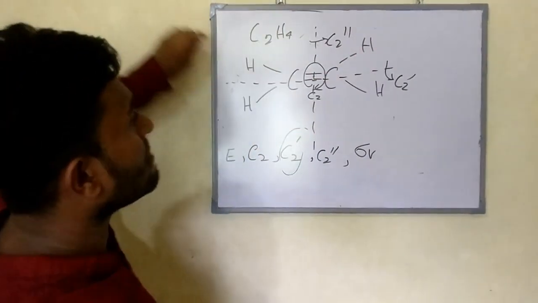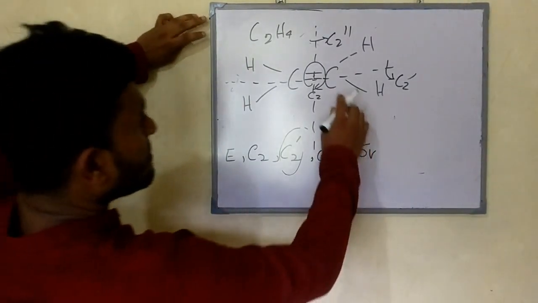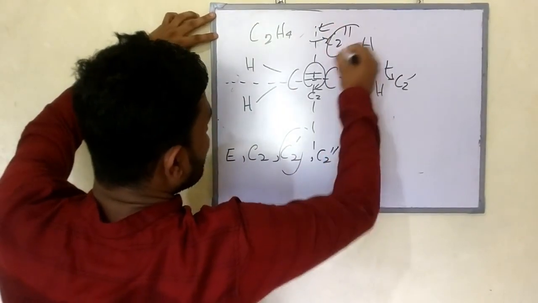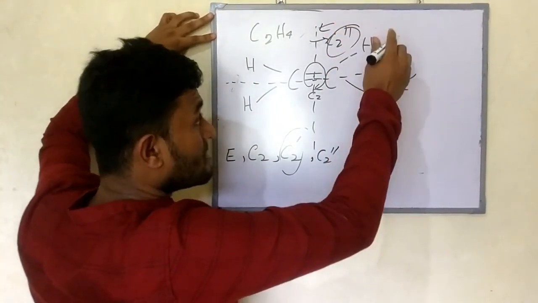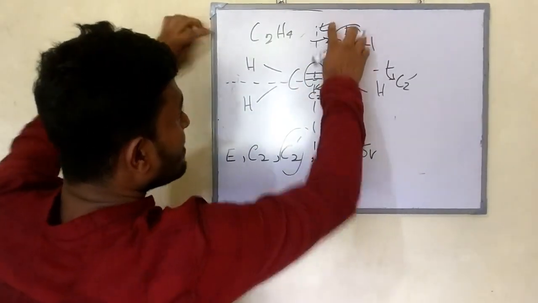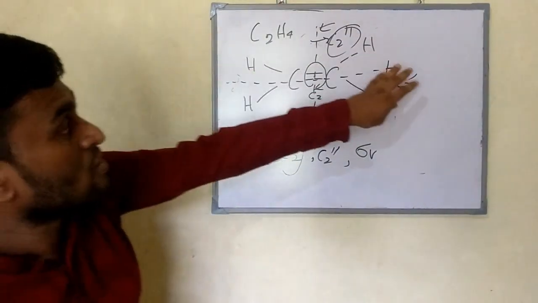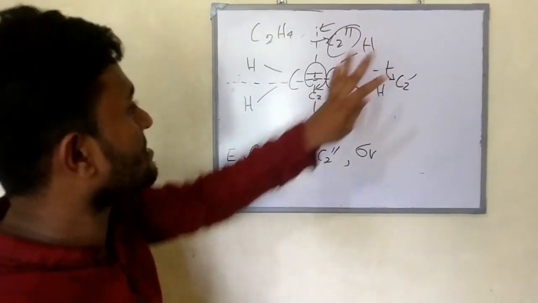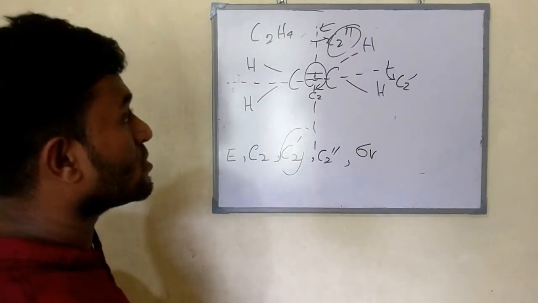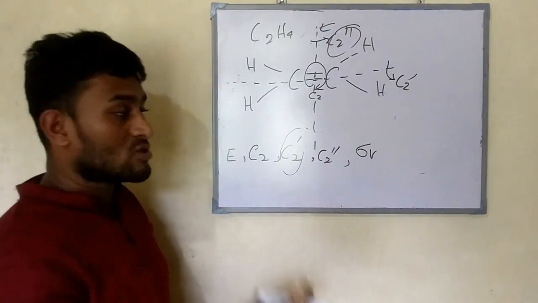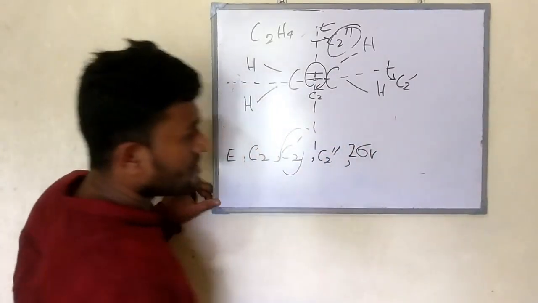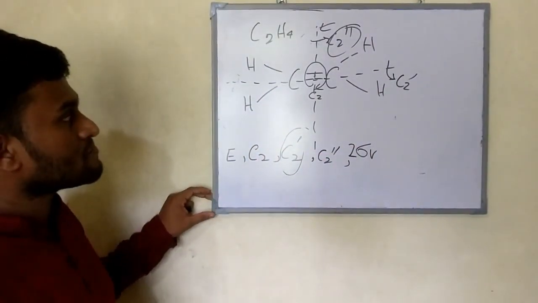But here sigma D cannot take because this is the C2 double dash axis that correlates with sigma D, but this will not bisect two sigma V axes. So you can't take sigma D. So that is also sigma V. So you can take 2 sigma V.